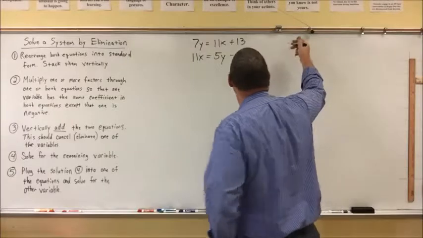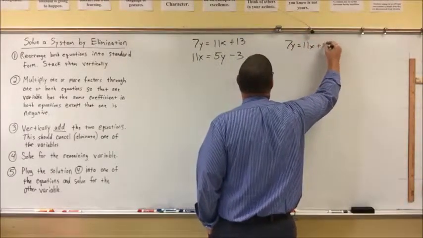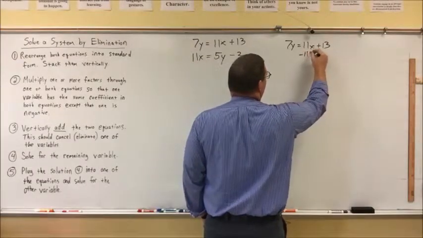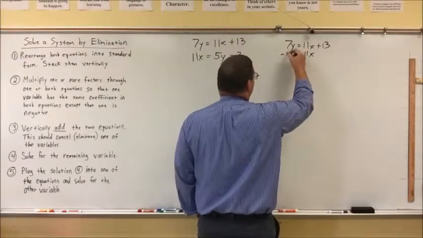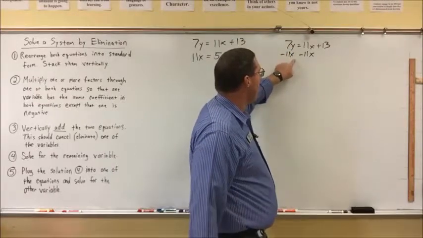I'm going to go over here to the side. So I'm going to put 7y is equal to 11x plus 13. Well, this one's easy to put in standard form. All I have to do is subtract 11x from both sides. Although when I subtract 11x from this side, I don't want to write 7y minus 11x.